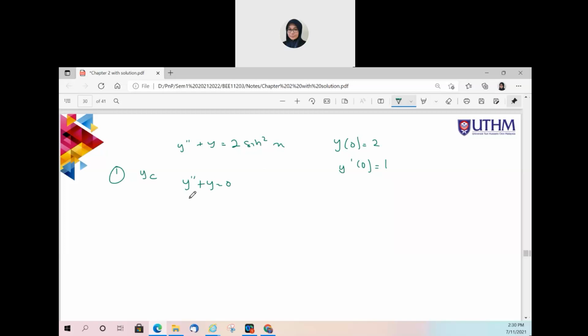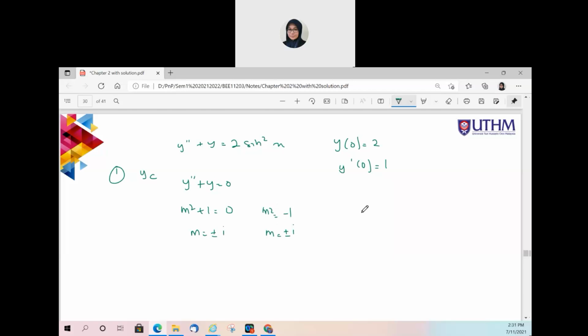Then you can find YC. So now we find m square plus 1 equals 0. Then m square equals minus 1, so m equals plus minus i.